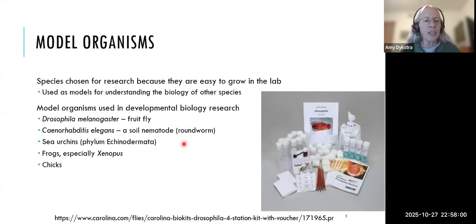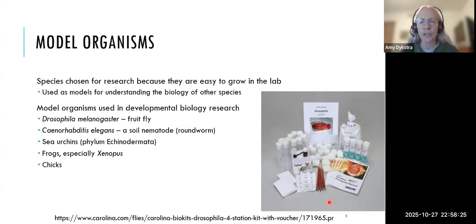The genus and species name is Drosophila melanogaster, and you can see from this picture that you can buy this kit from Carolina Biological Supply Company, and it has everything that you need for growing and raising Drosophila. So these little tubes are what you can house the fruit flies in.